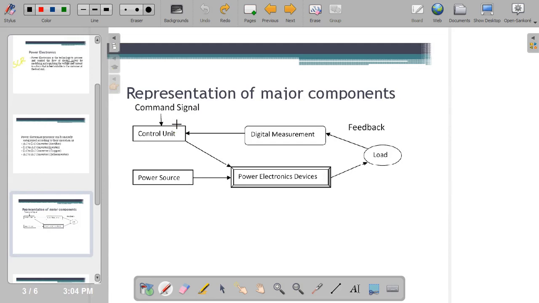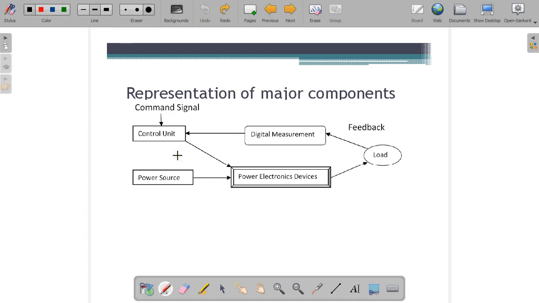So the major areas are power system, electronics but at a higher power level, and control engineering. The power source to the power electronics system may be DC or AC, depending upon the application or condition of that location.